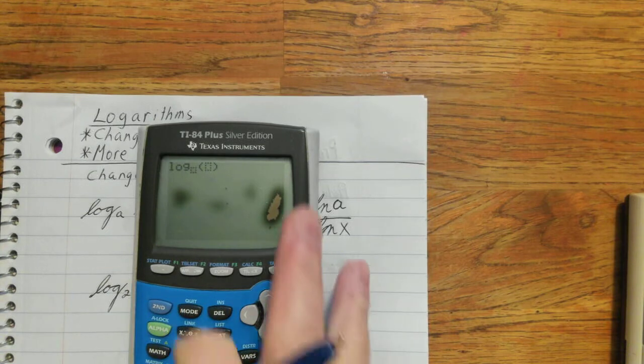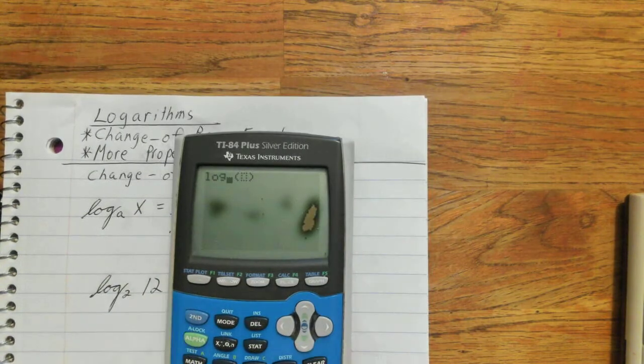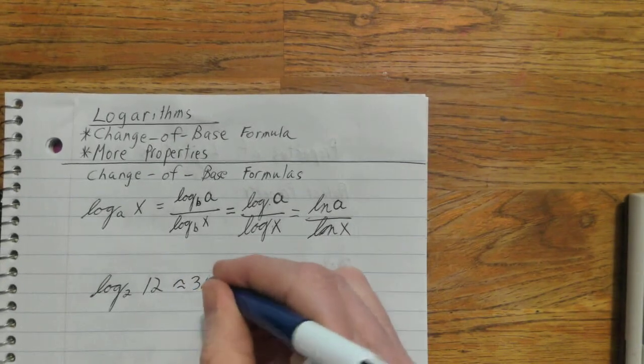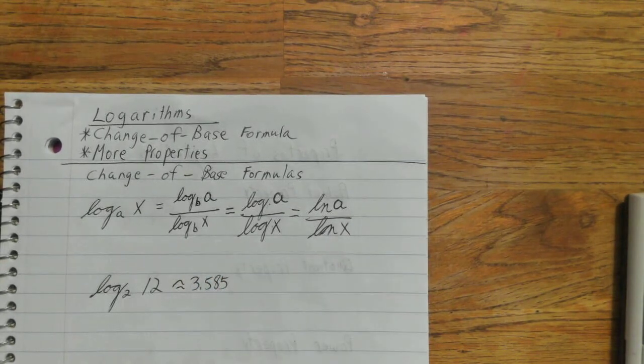And this lets me change different logs. So if I want log base 2 of 12, I'll put the 2 here, and I'll come with the arrow and put the 12 here, and I'll get 3.585. Let's say 3.585. And I did that in the math menu.